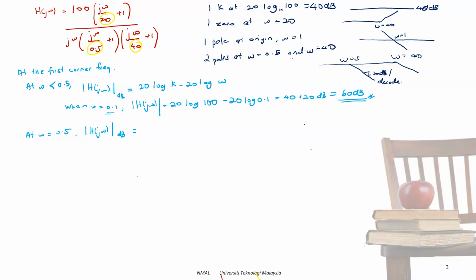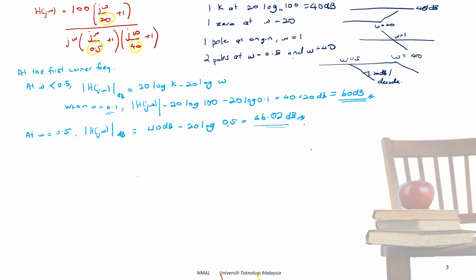We have calculated before here. So 40 dB minus 20 log, and this omega we replace with 0.5, so it is equal to 46.02 dB. Okay, so after we plot at 0.1, 60 dB, at 0.5 we plot at 46.02 dB. So this is the second value that we plot.